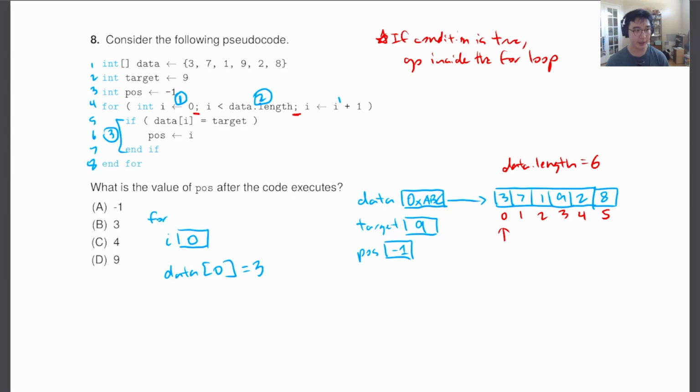So is 3 equal to my target value? And target has a value of 9. Is 3 equivalent to 9? No. And because the if condition is false, we do not go inside the if. We don't do line 6. We go immediately to line 7, the end of the if.